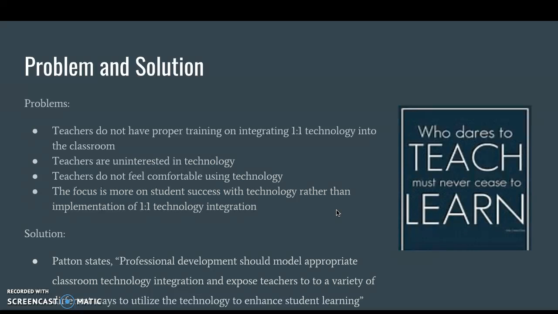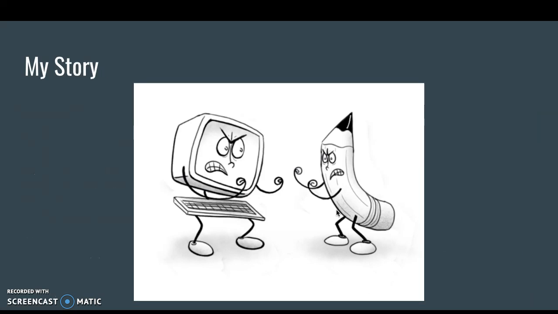So how Patton thinks that this problem can be solved is through professional development. Patton suggests to have professional development to help teachers become more interested, to help them become more comfortable, to really give them that proper training on technology so they can effectively implement it into the classroom.